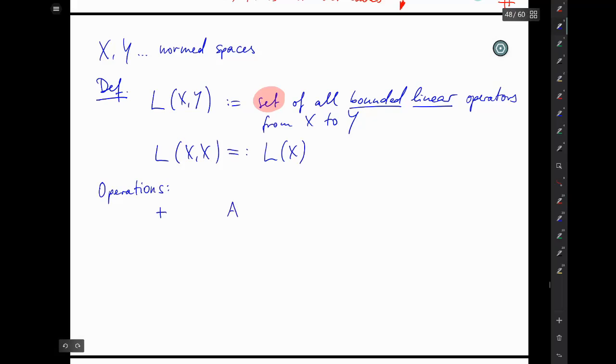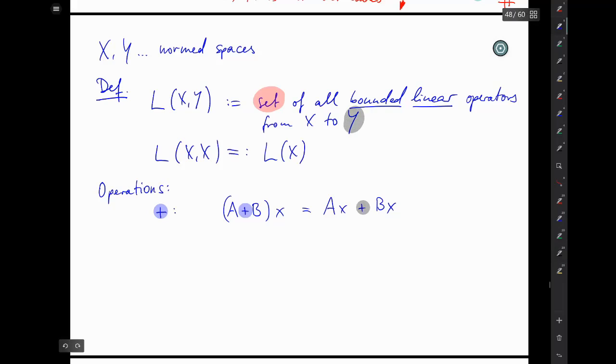So A plus B shall be the operator that applied to little x just gives you A of x plus B of x. Now of course note that here is the new plus, whereas this is the good old plus in the space Y.